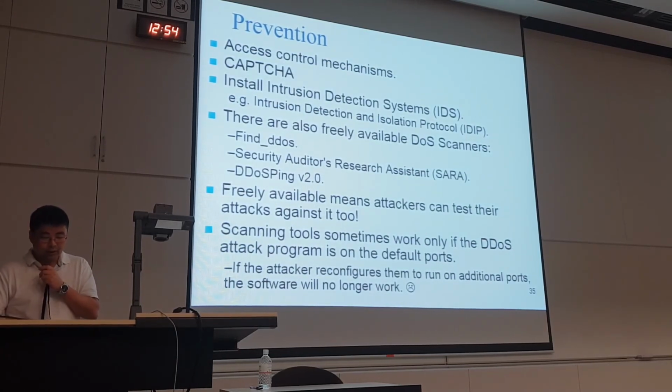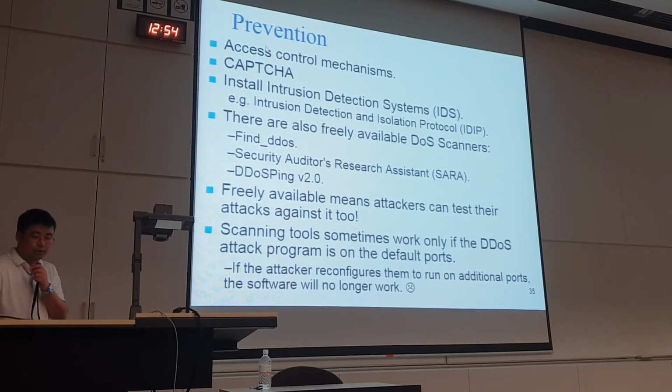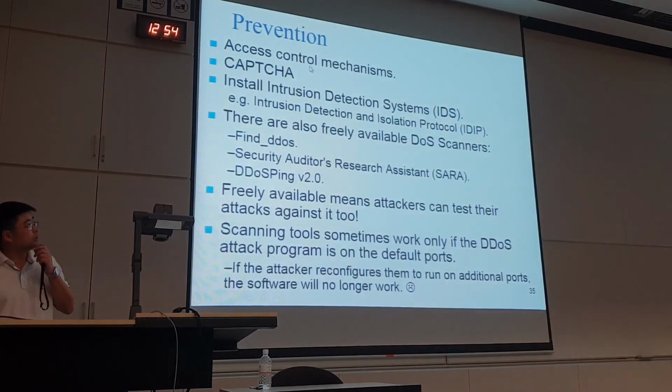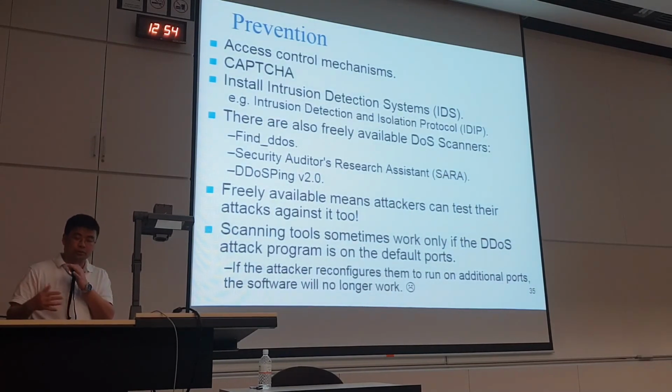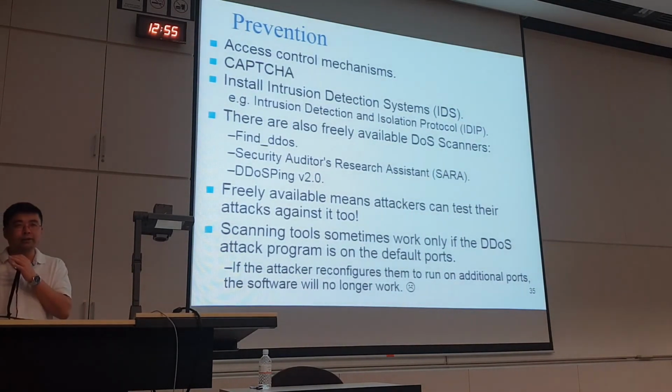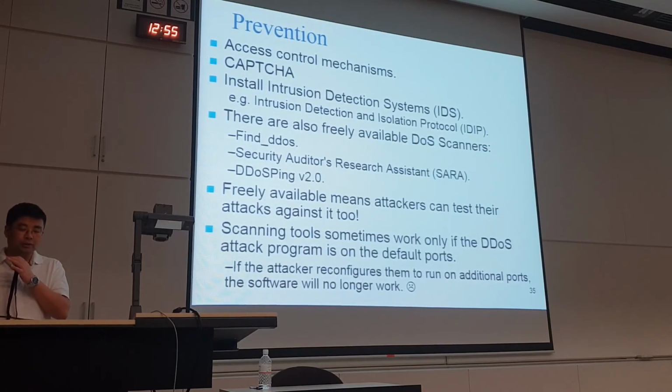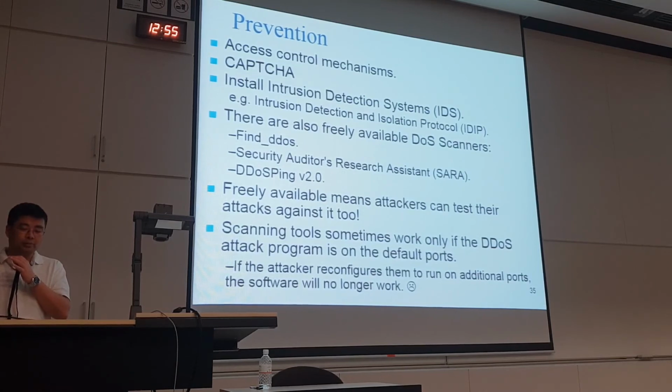Right, so for prevention, how to prevent? Of course we can use access control. For example, the firewall can control what kind of packets can go through. In the Smurf attack, one typical way to prevent it is to check whether this is a ping request but the receiver is a broadcast address.